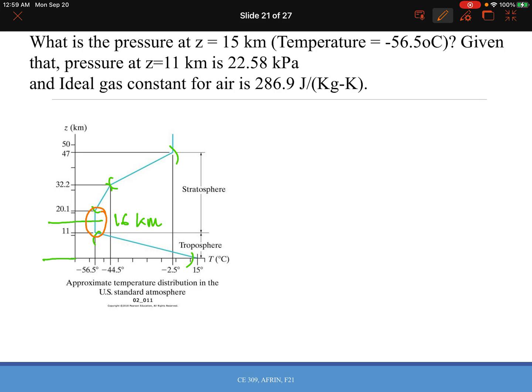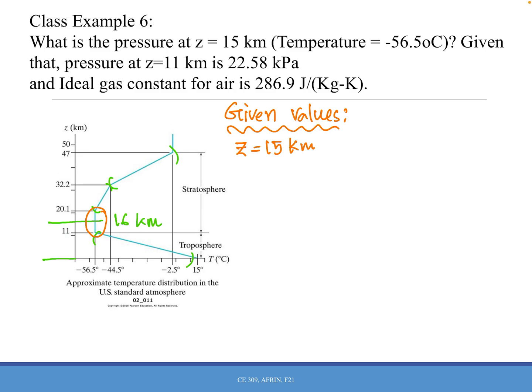So let's write down all the given values and what we need to find. The first thing is Z equals 15 kilometers, and the point from where the constant temperature started is actually 11.